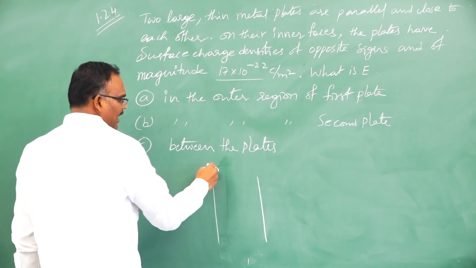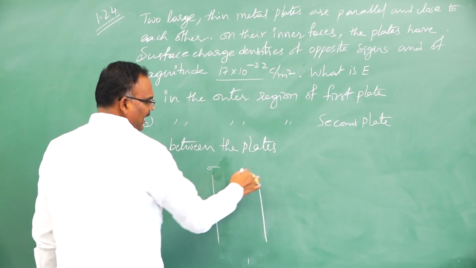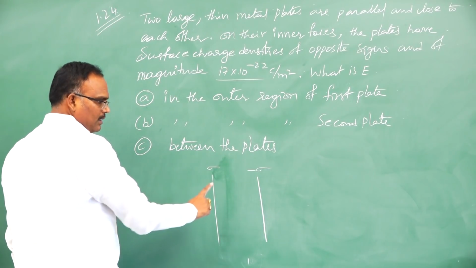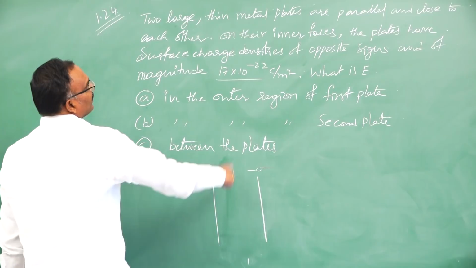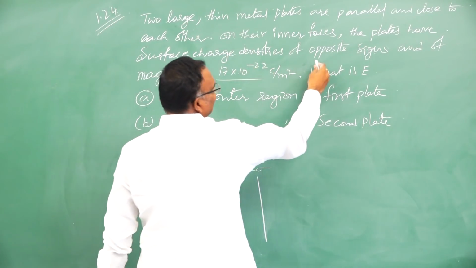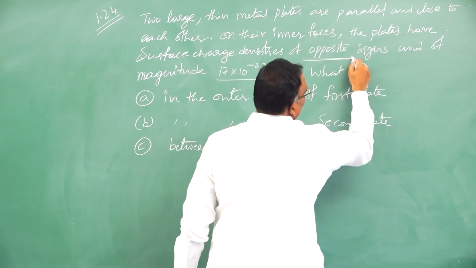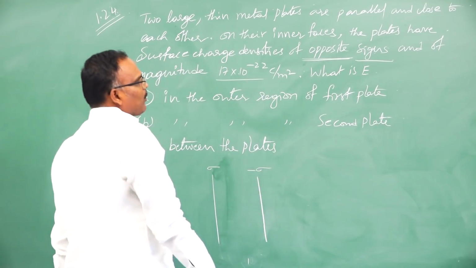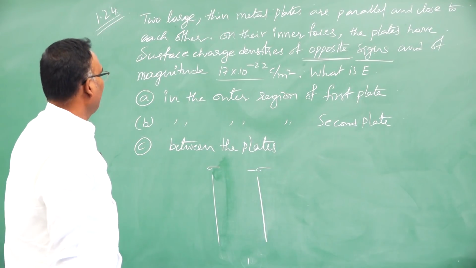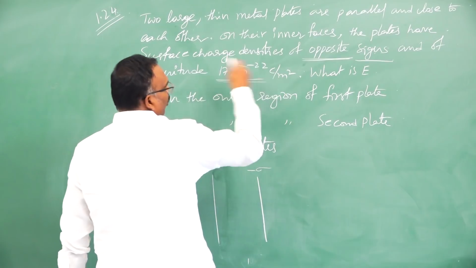That means one is a positive charge density, another one is negative charge density. This is very important. On their inner faces, the plates have surface charge densities of opposite sign. That means one is positive charge density, another one is negative charge density. And magnitude, okay, we know.